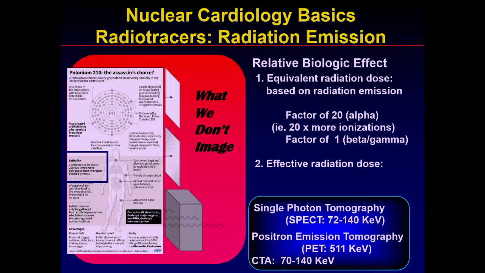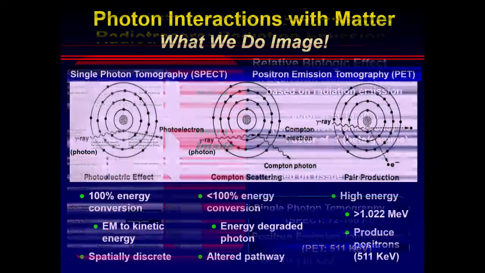And so when we talk about equivalent radiation dose, then we get into effective radiation dose, which is really based upon those particles and their effect on tissue sensitivity. Some tissues are obviously more sensitive to radiation than others, such as brain, which is very insensitive to radiation, whereas other tissues are much more highly sensitive.